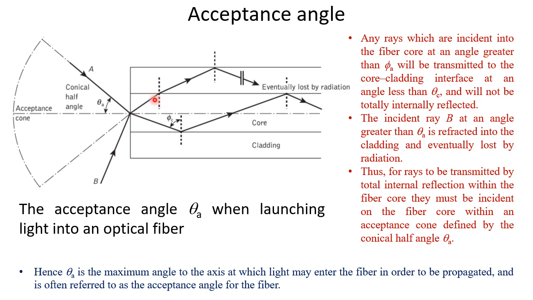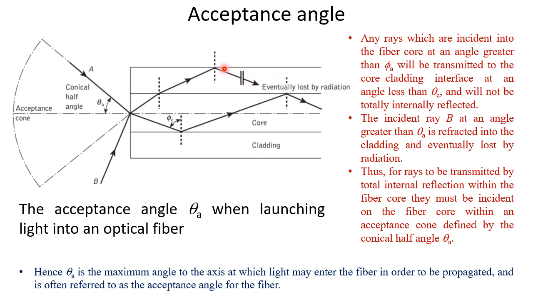Okay, so what will happen? Most of the power will be refracted to the cladding. Get it? And that power is actually going outside of the cladding. A portion of the power will go outside and some power will be returned back, and it will continue in its journey in this way, and after several meters or something like that, eventually this particular power will be lost.